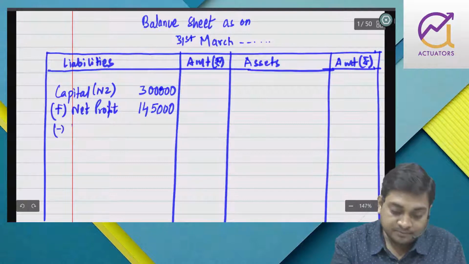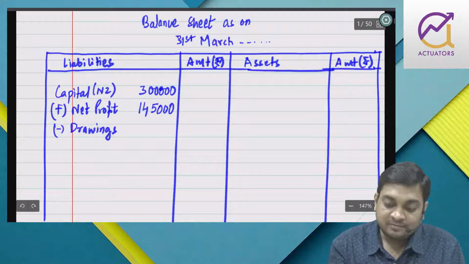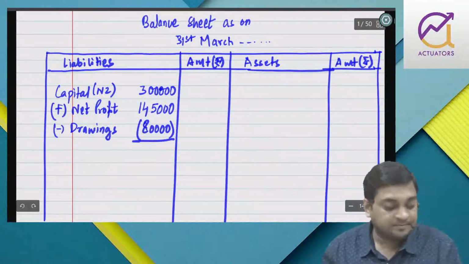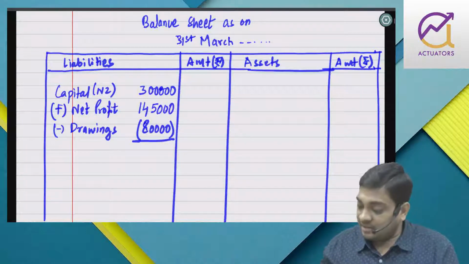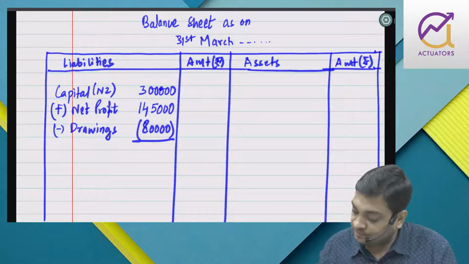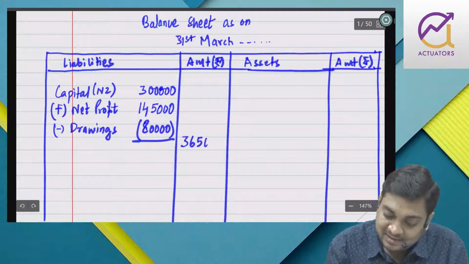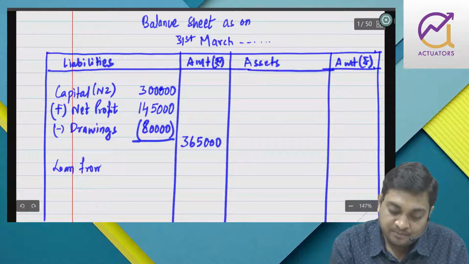You have drawings also, 80,000, right? Last problem there was no drawings, right? But in this problem we have drawings. So it is 3 lakh plus 1 lakh 45 minus 80,000. So 3 lakh 65,000.